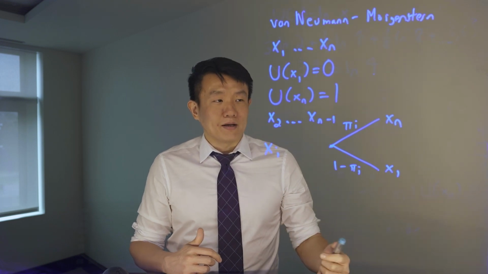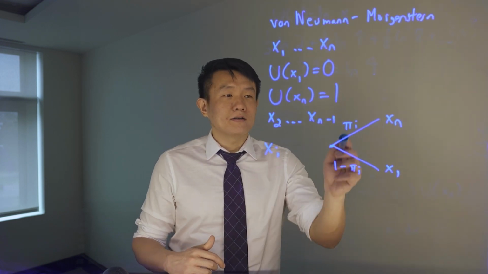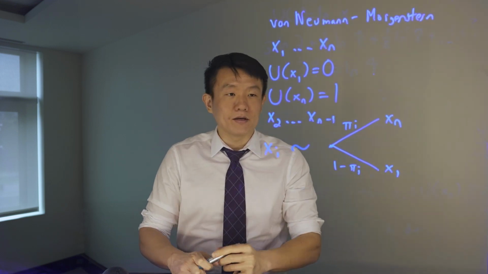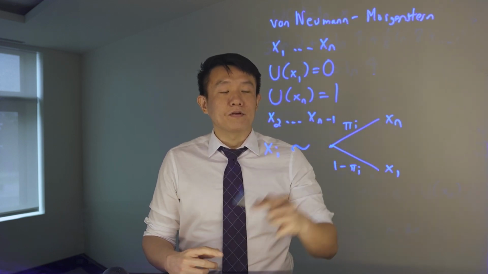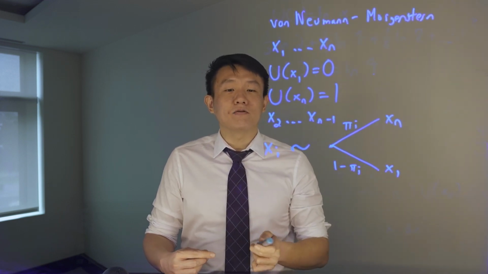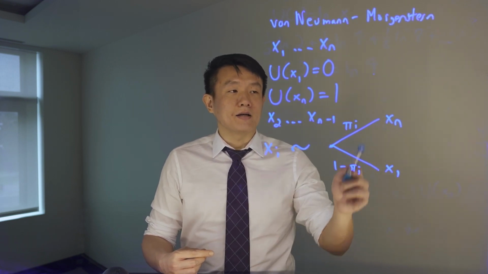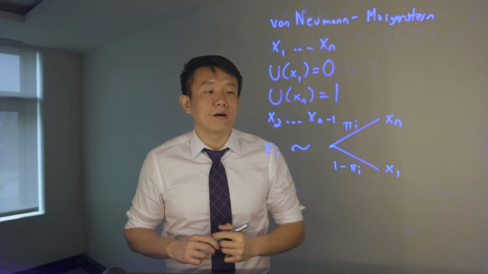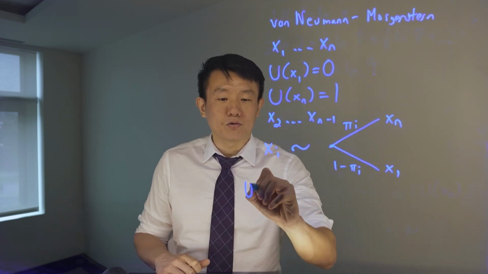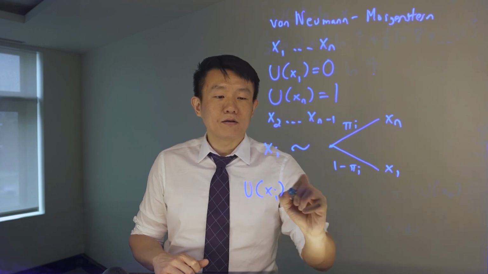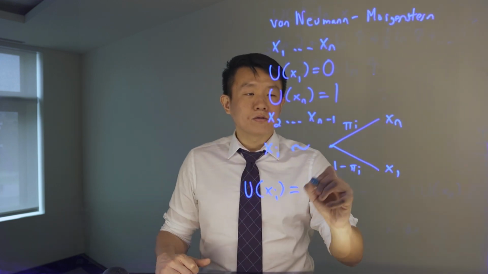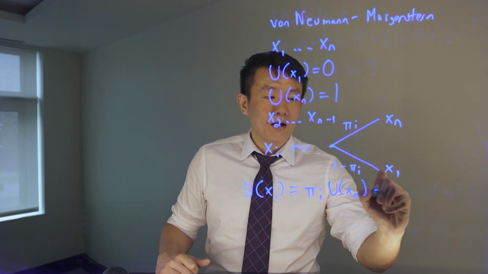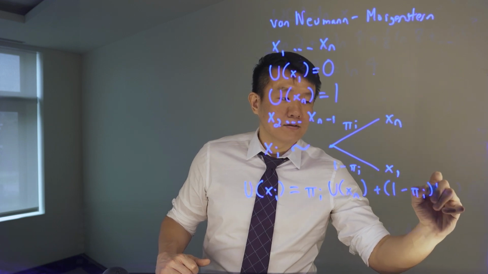So what that means is that there should be some value of pi I where I'm exactly indifferent between these two prospects. For this value of pi I, I'm exactly indifferent between getting xi for certain and getting a lottery where I get xn with probability pi I and x1 with probability 1 minus pi I. So written in utility terms, the utility of xi equals the expected utility of this gamble, which is pi I times u of xn plus 1 minus pi I times u of x1.